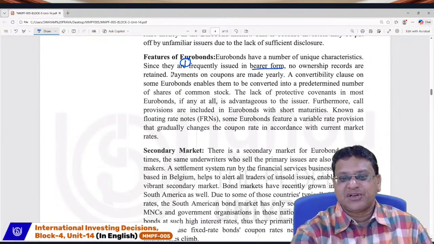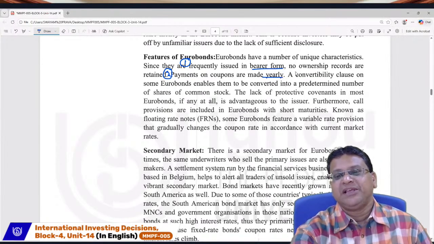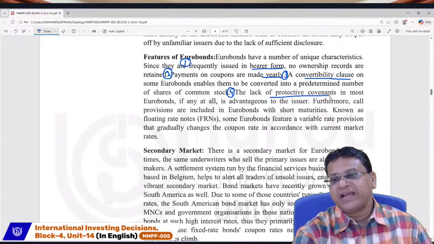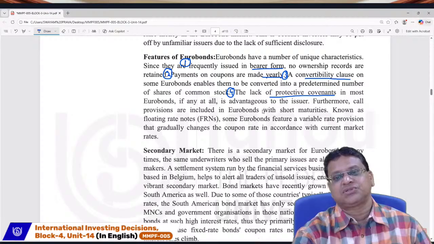Second, payment on coupons is made yearly. Coupons mean interest. Interest payments are normally made yearly. And normally these bonds have a convertibility clause, that means they can be converted into equity shares. Then there is a lack of protective covenants, means restrictions in these bonds.